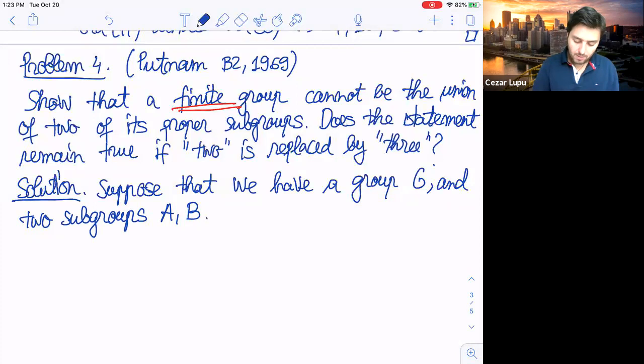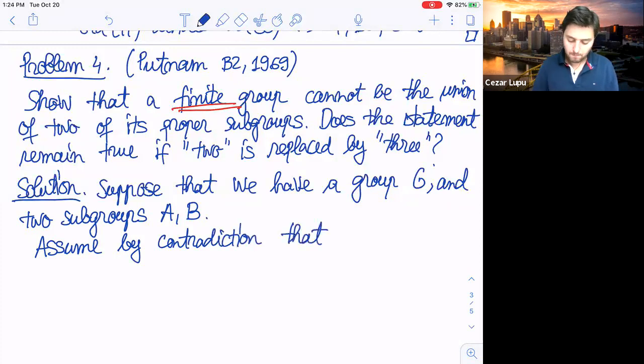Moreover, assume by contradiction that G is the union of A and B, of these two subgroups, right?